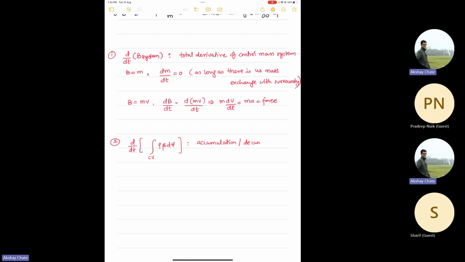Anyway, the point is, the second volume integral says whatever control volume you have, whether that beta quantity is getting accumulated or getting lost from the control volume with respect to time.